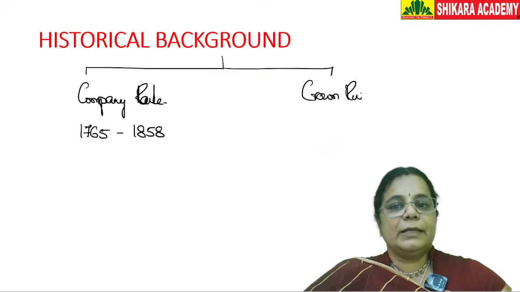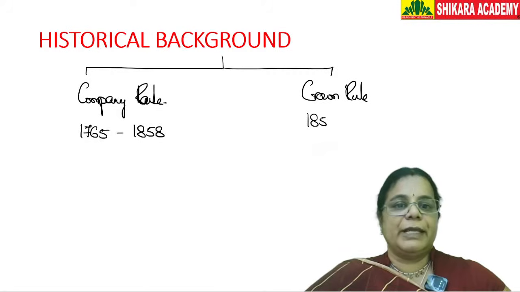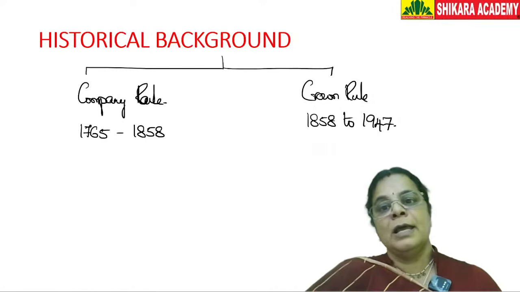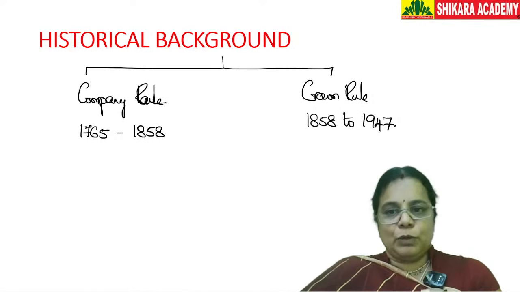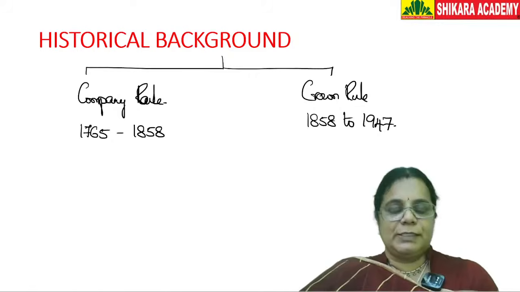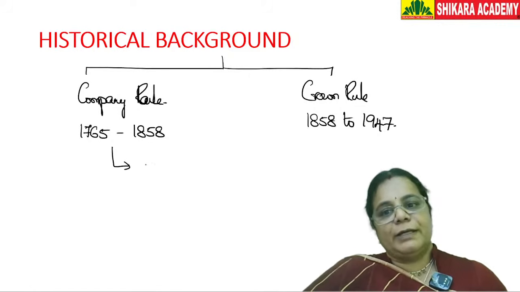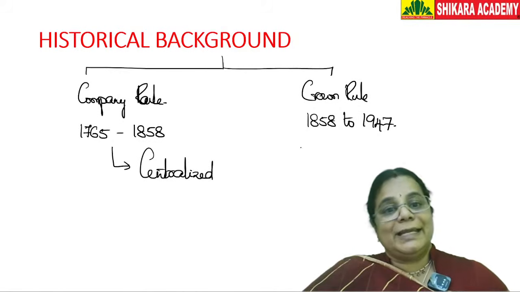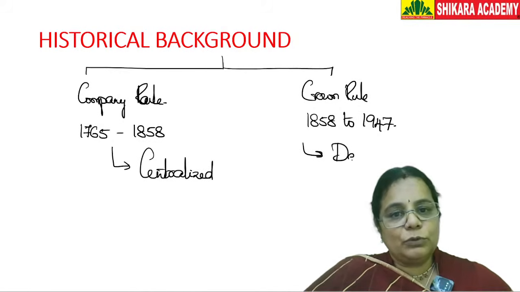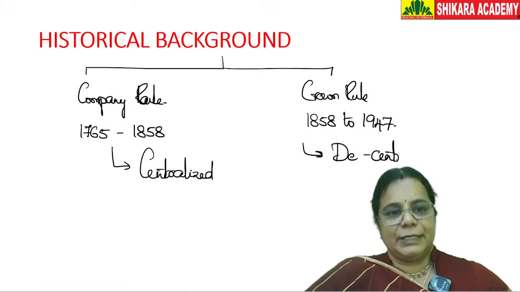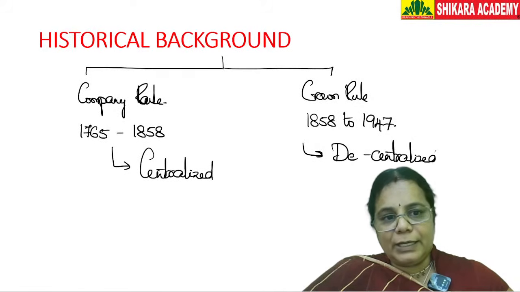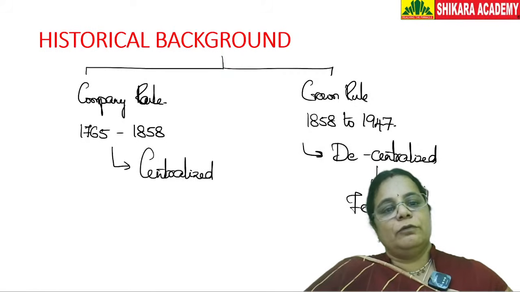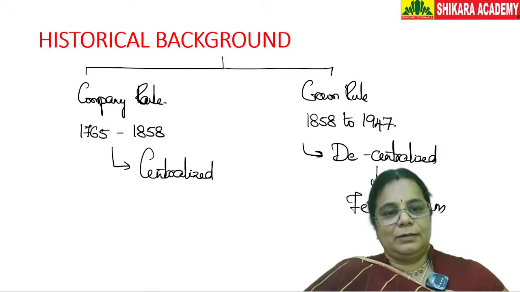Crown rule started in 1858 after the 1857 revolt and ended with the 1947 Indian Independence Act. So the most important feature of these two phases is, while company rule provided for centralized rule, crown rule provided for decentralized rule. Crown rule was marked with decentralization, which eventually led to the establishment of the federal form of government.